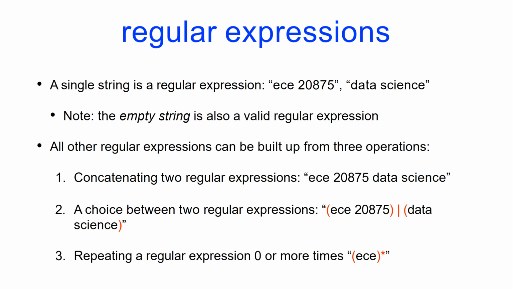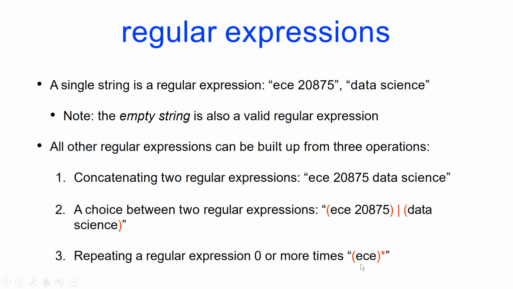So these are the operations we use as our composition rules. We get some basic strings and special characters, then we use these three composition rules to create more complicated versions of regular expressions. Again, we can concatenate different regular expressions, put a bar in between to create a choice, or put a star at the end to repeat 0 or more times.